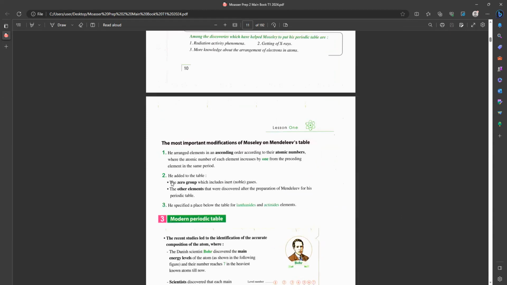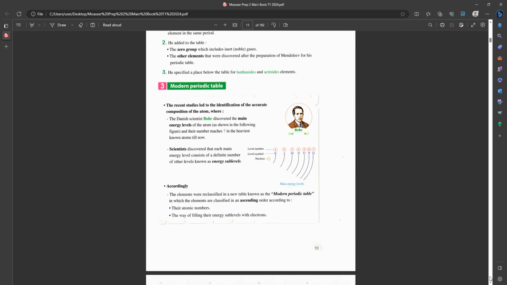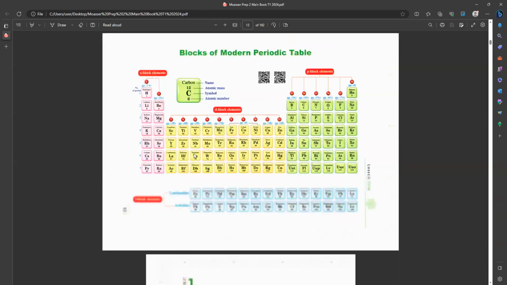And he added two groups to the table. On the right side, he put a group called the zero group, which includes the inert gases, as we see. So Moseley designed the table as groups and periods.